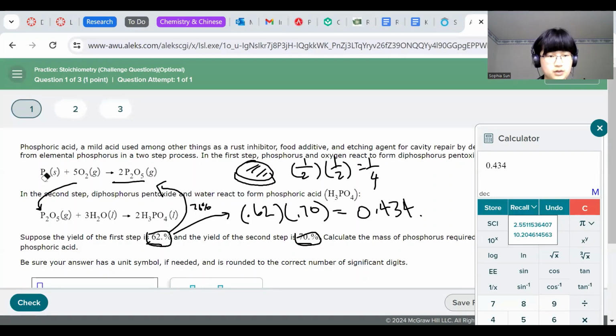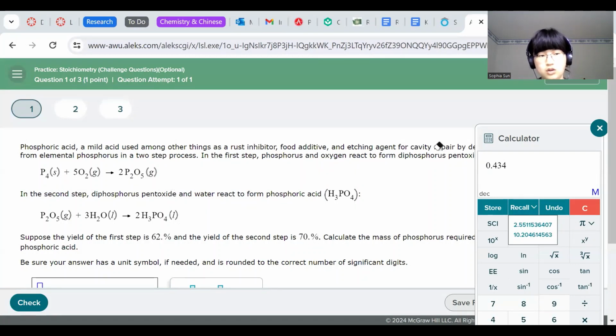Okay. So you have the total percent yield, and you have the total theoretical amount of phosphorus needed to get 1 kilogram of phosphoric acid. So now what are you going to do?